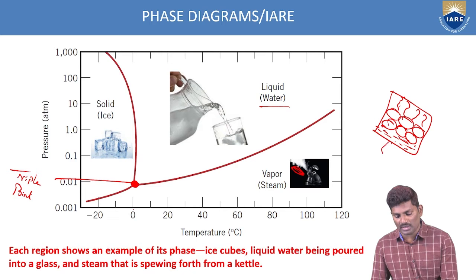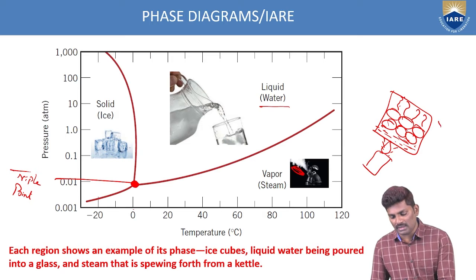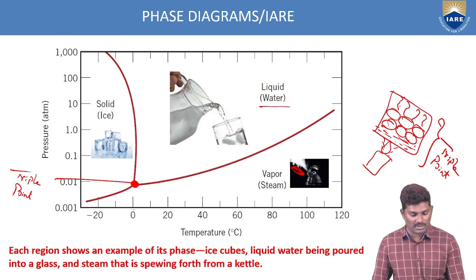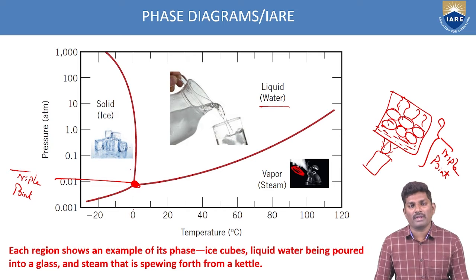Okay, the combination of all the three gives the triple point. So that is shown exactly at this point. So this point is called a triple point where all the 3 boundaries, solid, liquid and vapor, are in contact with each other.